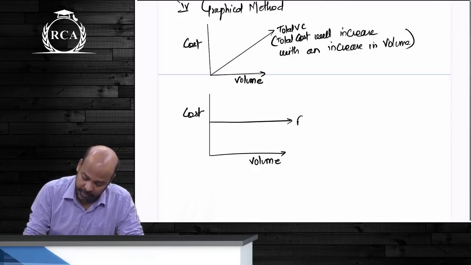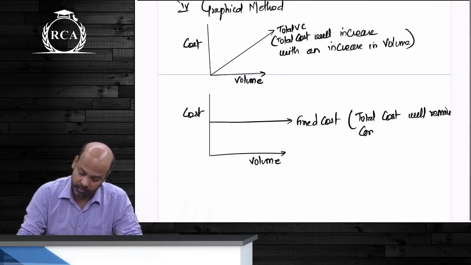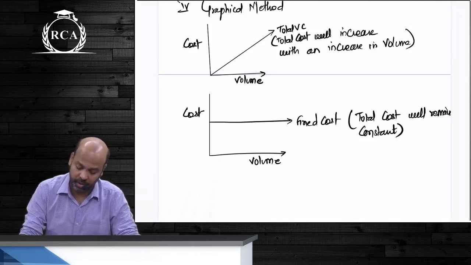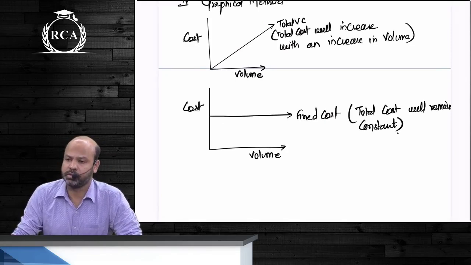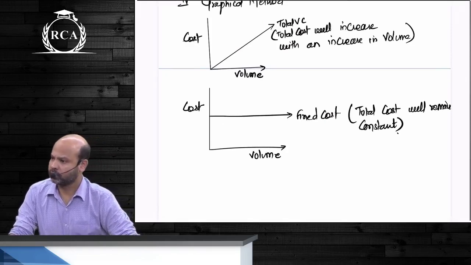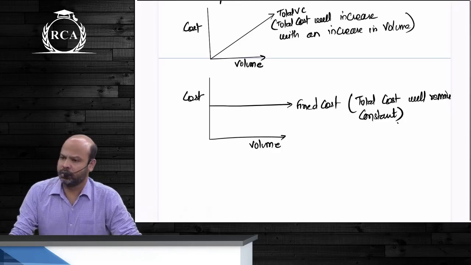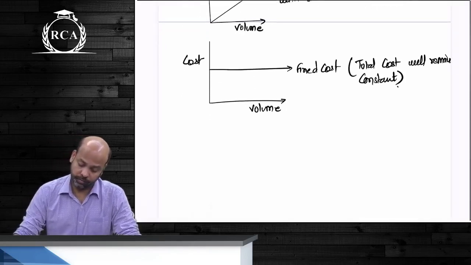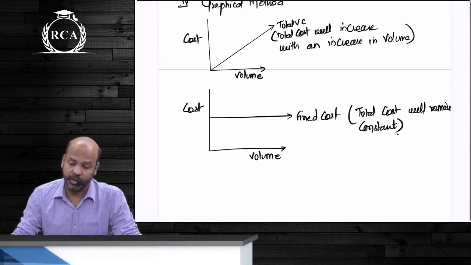Fixed cost is total cost will remain constant. Under variable cost you will write that the total cost will increase with an increase in output.